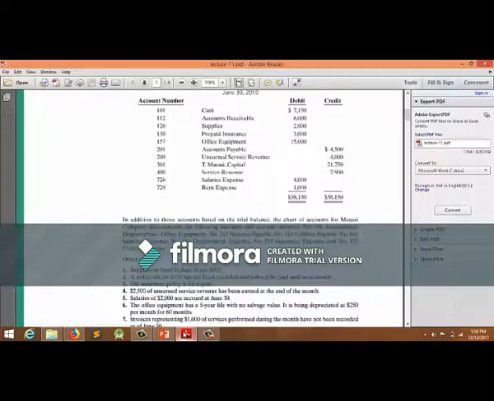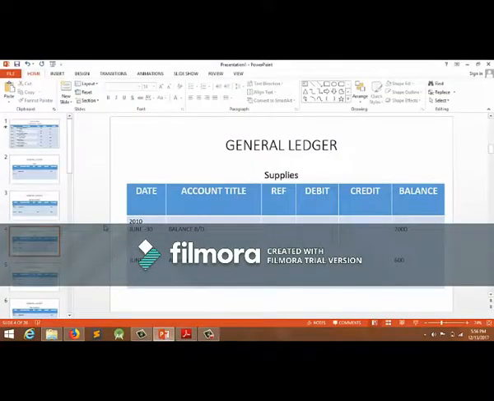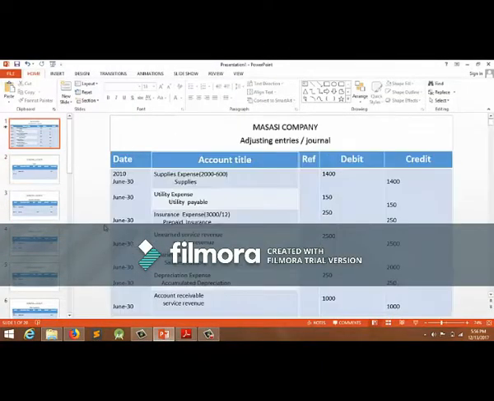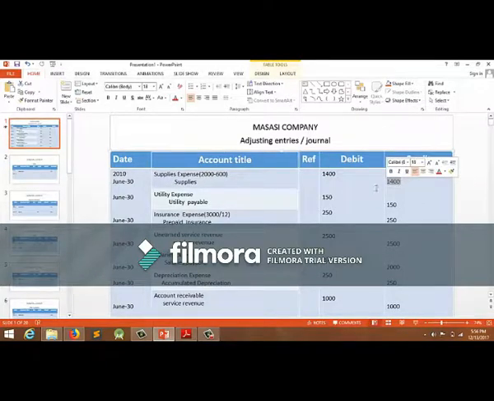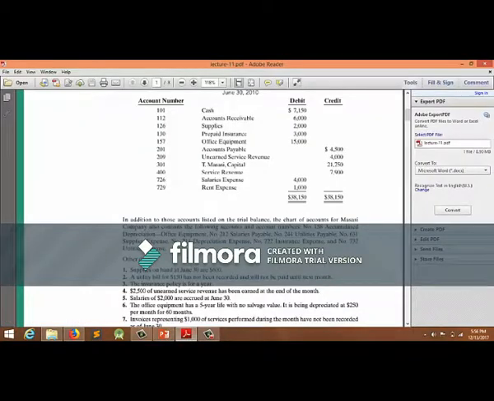So next one is supplies. For supplies, here is 2000. We will find, is there any supplies in the adjusted entries? Yes, there is supplies here. Here the supplies is credit 1400, and in the unadjusted it was 2000.